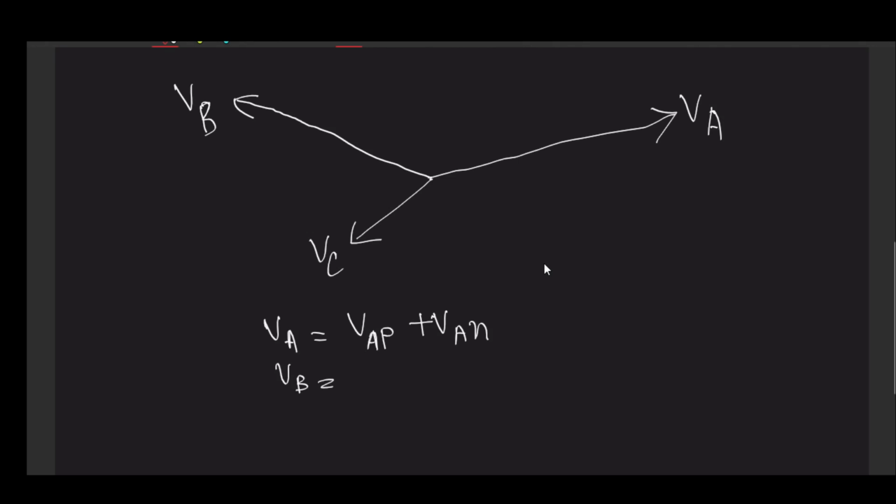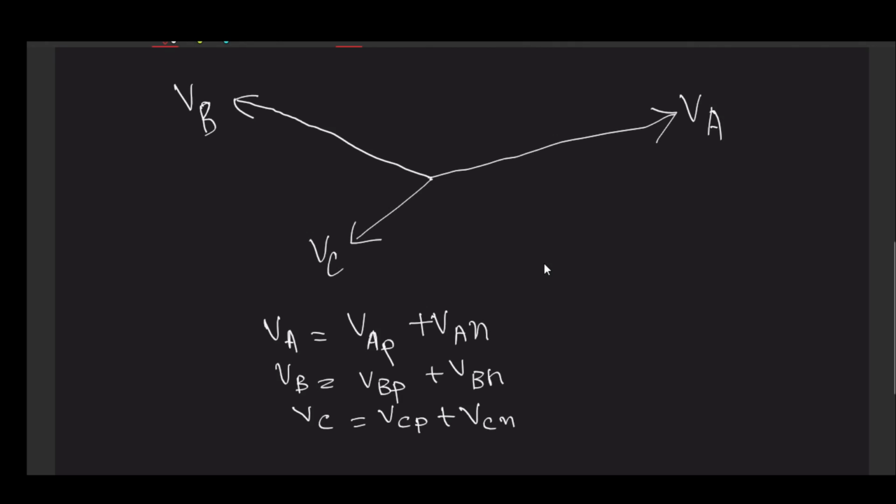VB can be written as VBP plus VBN, P for positive, N for negative. VC can be written as VCP plus VCN, right.